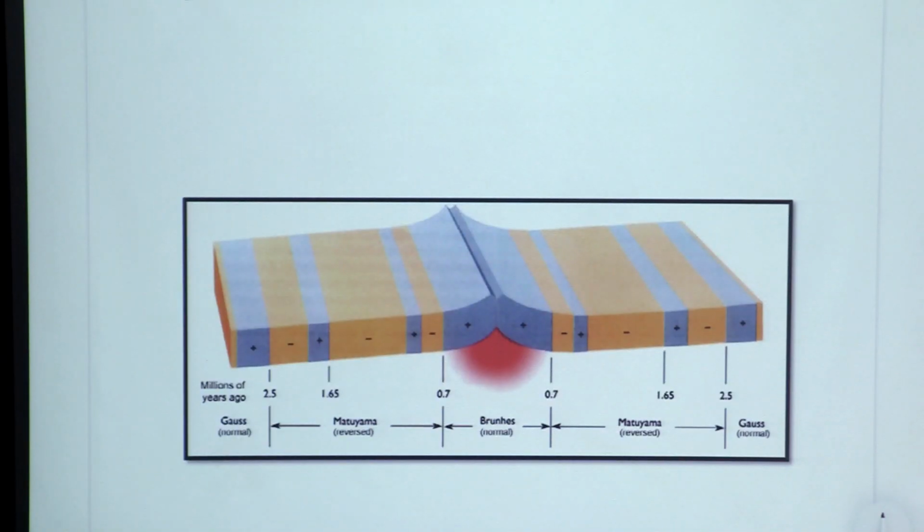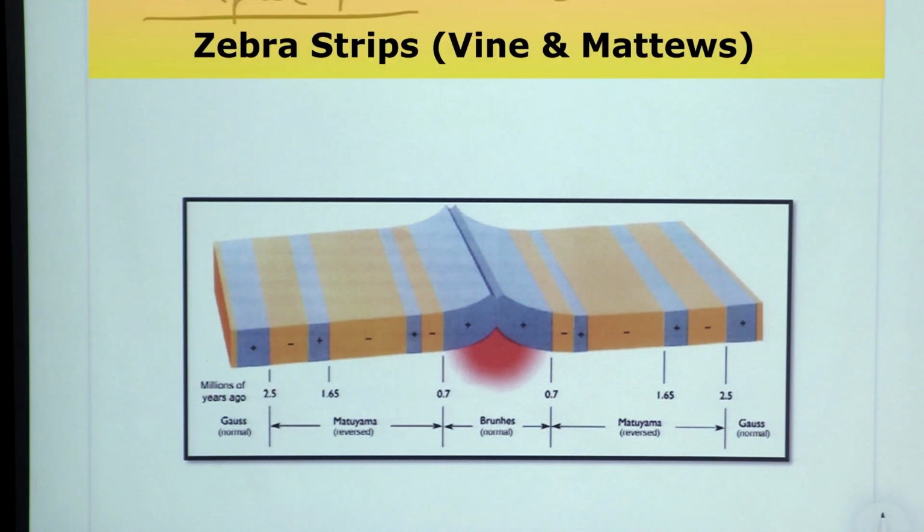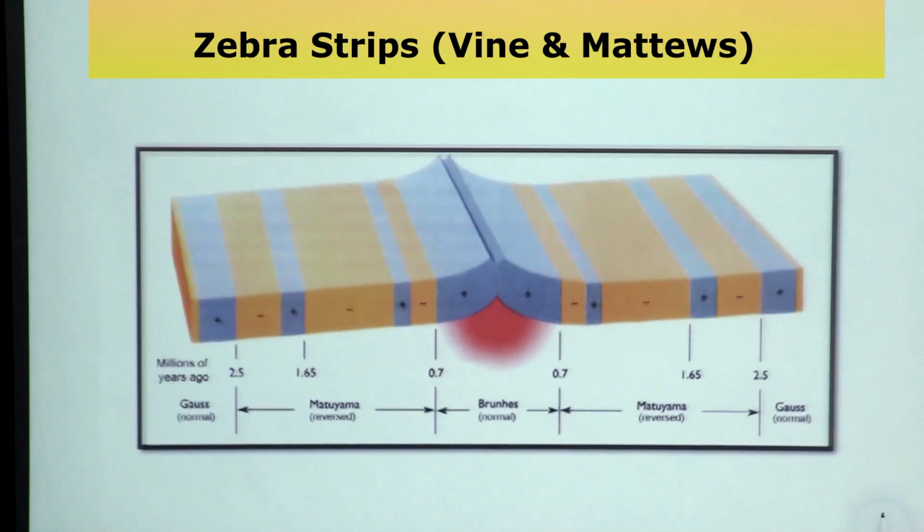The concept of seafloor spreading is excellently supported by zebra strips. The scholars like Vine and Matthews. What does this stand for? Carefully see, slightly zooming it in.